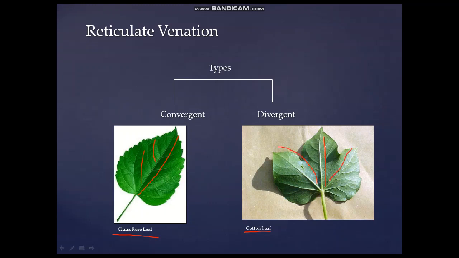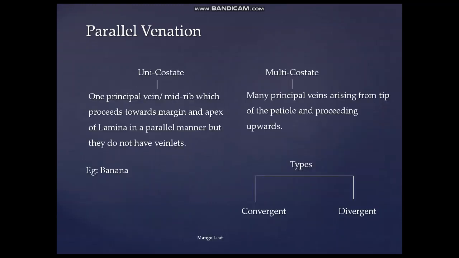Similarly, we find it in parallel venation also. Parallel venation also has two types, unicostate and multicostate. In unicostate, one principal vein proceeds towards the margin and the apex of lamina in a parallel manner, but they do not form veinlets. Example is banana.